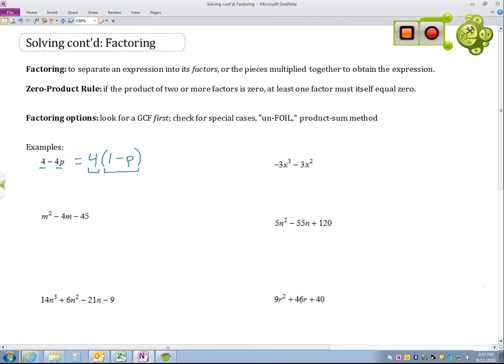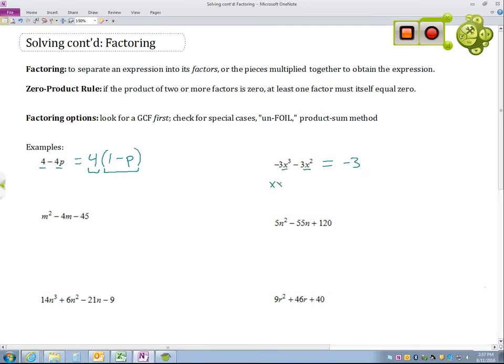Looking at the next one here, I've got negative 3x cubed and a negative 3x squared. I'm going to look at the constant part first. Obviously, both of those have a negative 3 in them. So negative 3 is going to be part of my GCF. And then also with the x cubed and the x squared, I remember that my exponent tells me how many times the variable is multiplied by itself.